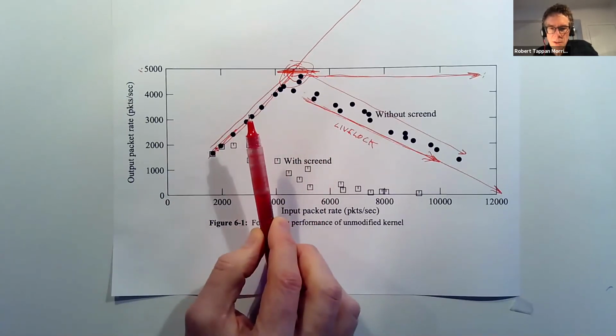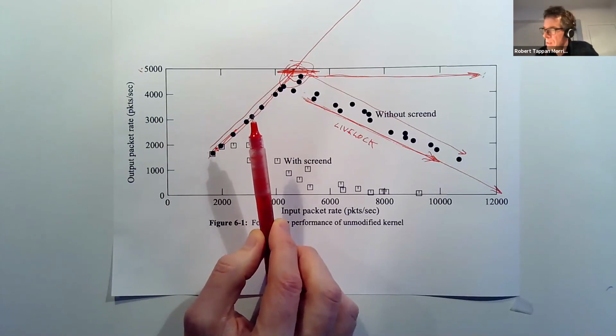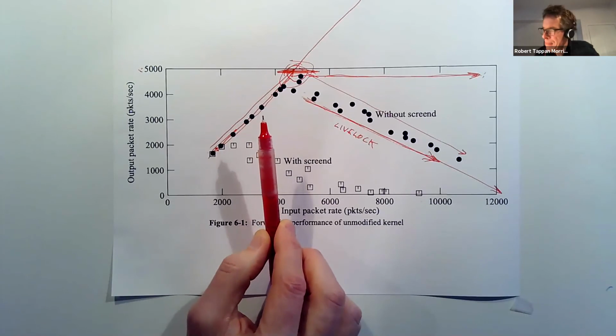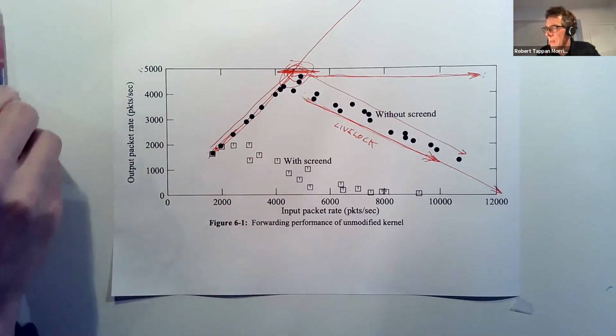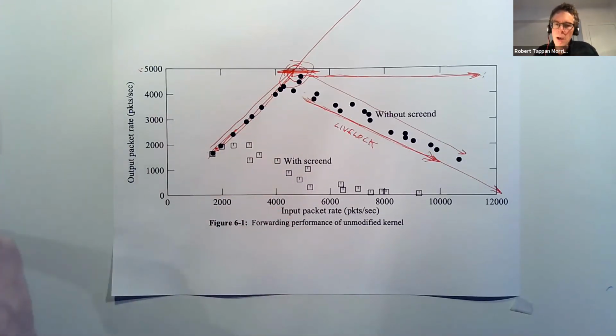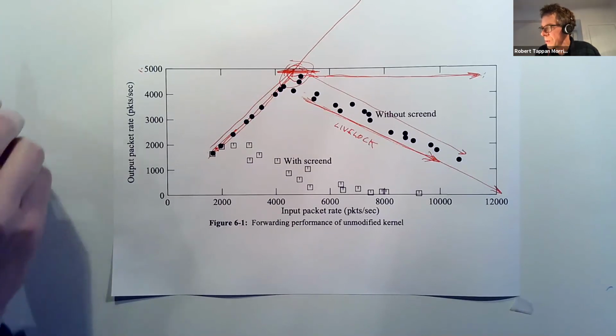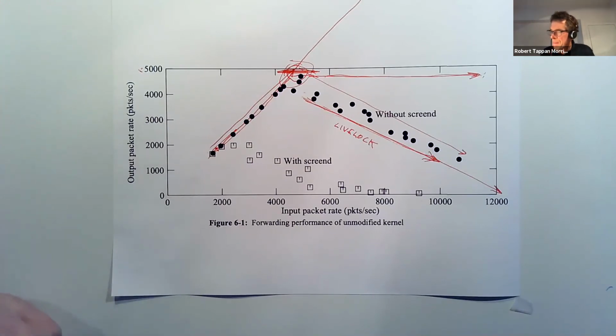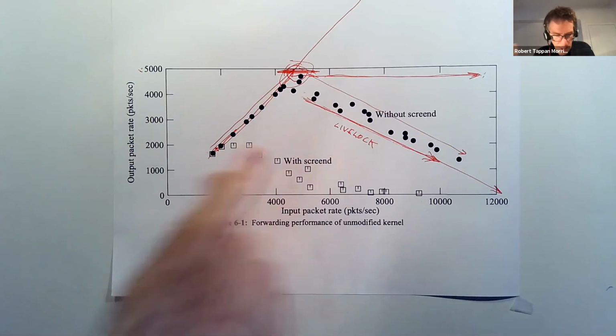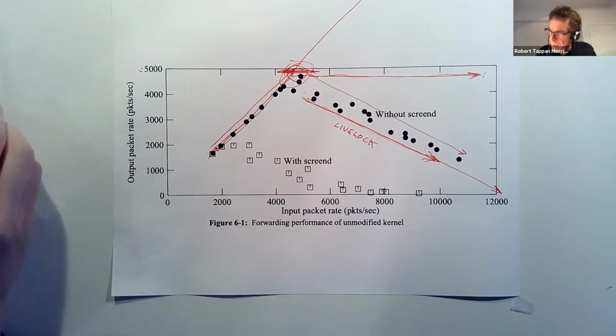And if the NIC is using the RAM, the CPU can't use the RAM. So another way to get live lock, even if you have lots of CPU time, in some other design, you might get live lock because the NIC is using up RAM performance resources. So the CPU is less able to use the RAM. Anyway, this line going down is what they mean by live lock.